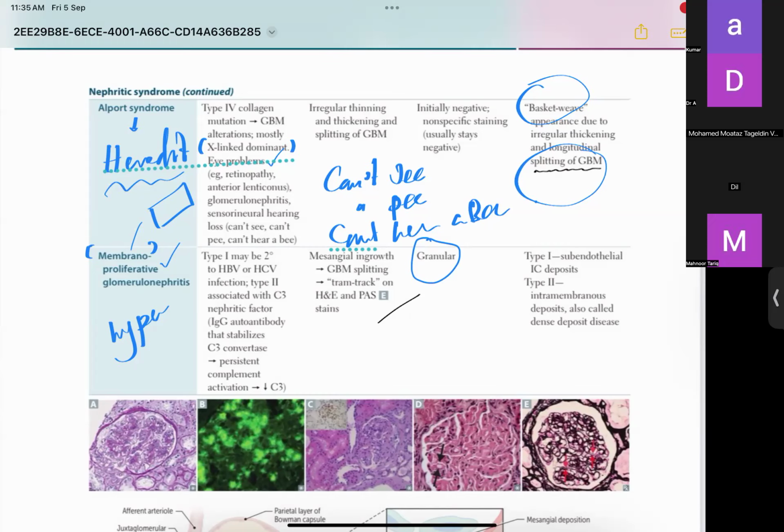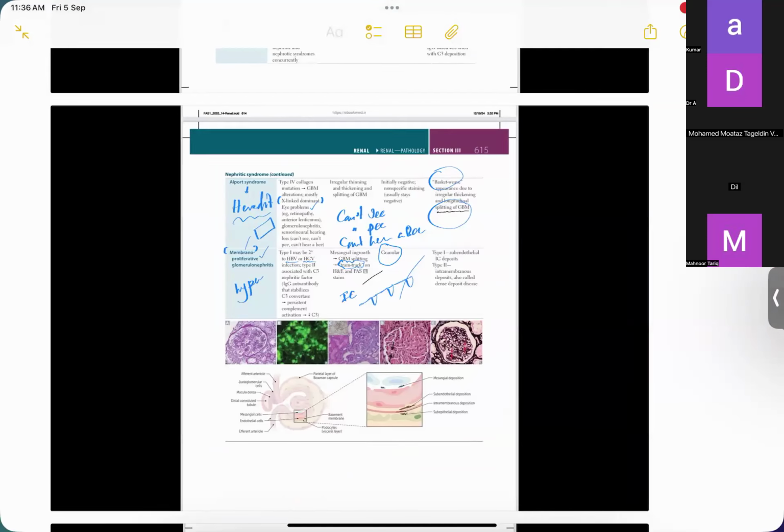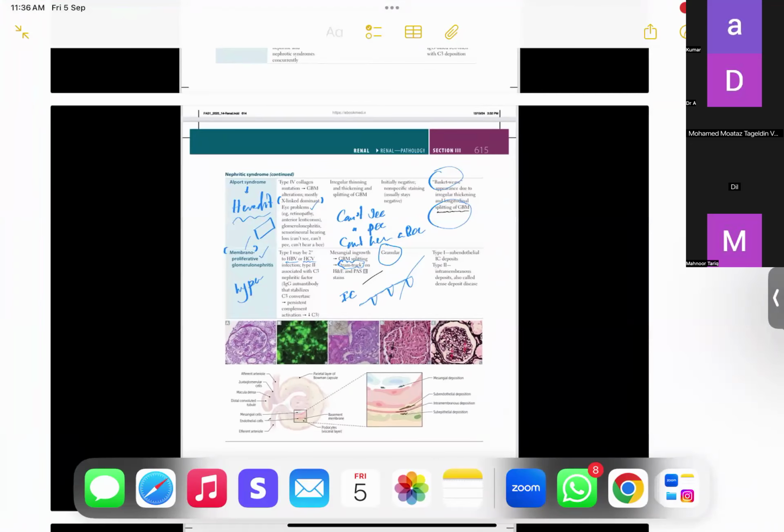And it is because of infections, Hep B, Hep C. The tram track appearance is important because the immune complexes form subendothelially, like this. It is like a tram track. So you should remember these points, and we will go through MCQs and it will be very helpful.